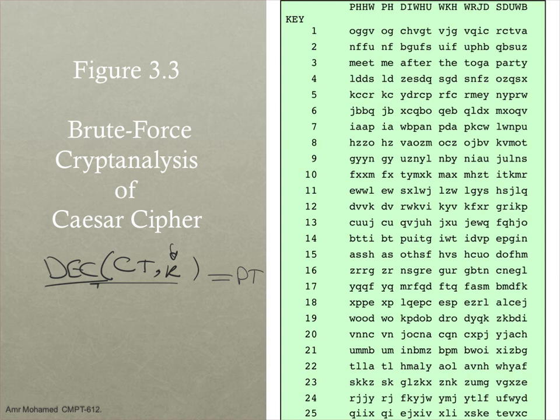Right? So we have to have certain assumption on the plain text. For example, we say that these people communicate in English. So whenever I get some plain text that is garbage, as you can see, all of this plain text doesn't mean anything. I get some kind of meaningless text, right? But number 3 here, oh okay, it looks like "meet me after the toga party." That looks like a proper sentence.